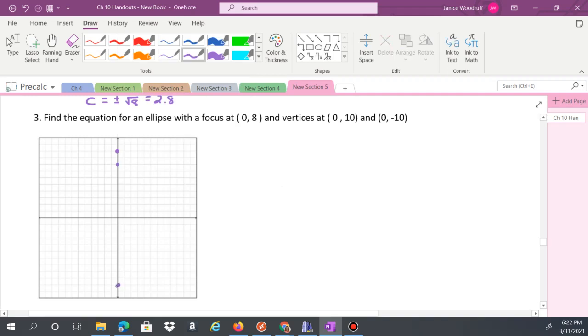So if I have a foci here at 0, 8, I've also got one at 0, negative 8, which means my center is 0, 0. And my major axis is going to be what? Y. My major axis is Y, because the foci are on the same axis as your major axis.